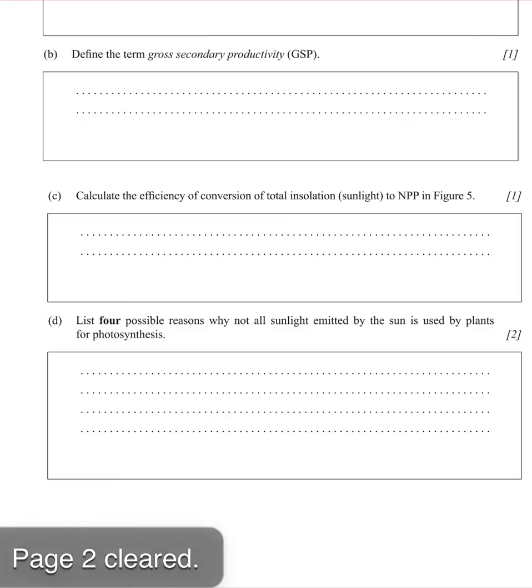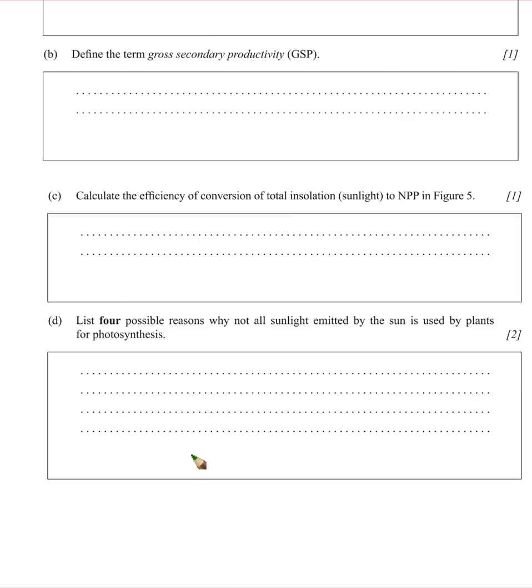So I've just cleaned the screen there. Why is not all sunlight absorbed? So this was actually in the PowerPoint. So you have a leaf. Some of the sunlight will pass straight through. So our light just goes straight through the leaf. Some of the sunlight will bounce back out.